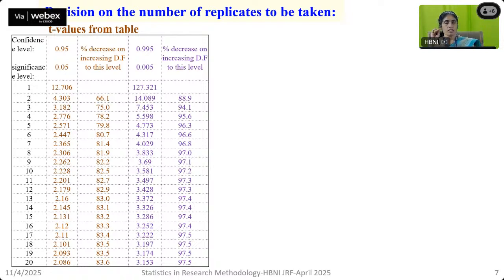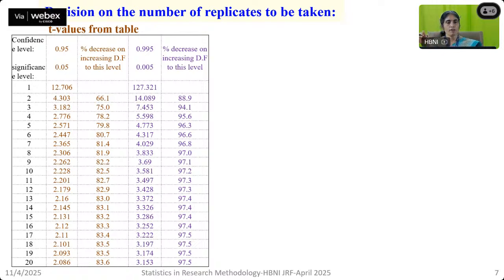Then the third column is the percentage decrease in the value of T when the degrees of freedom are increased up to that particular level. The original value is 12.0706. With reference to the original value of T, what percentage decrease are you getting? As the T values decrease, you will see that asymptotically they touch the Z values. The percentage decrease shows initially a drastic improvement in the decrement rate, and later on only marginal gain.